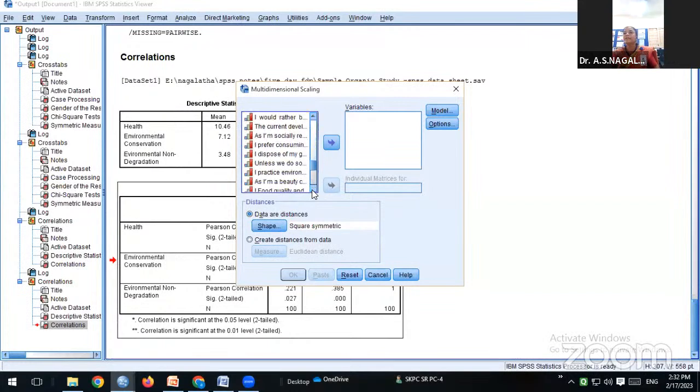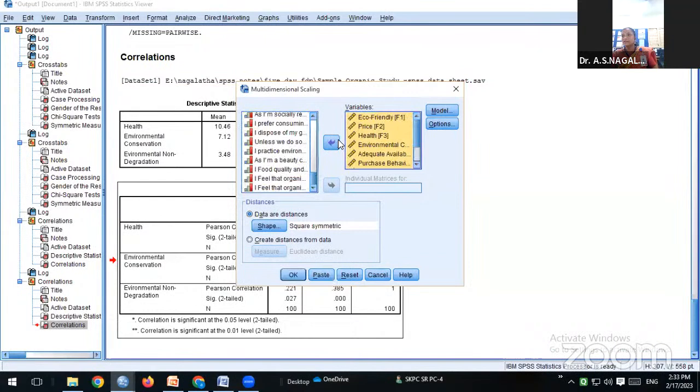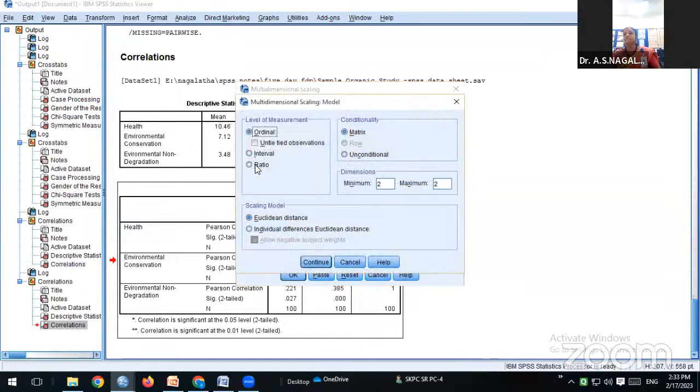I have taken these factors to measure their similarity and dissimilarity. Go to model. In model, you have to see there is an ordinal matrix fixed 2 into 2, elicited distance, everything which is by default accepted by the machine.